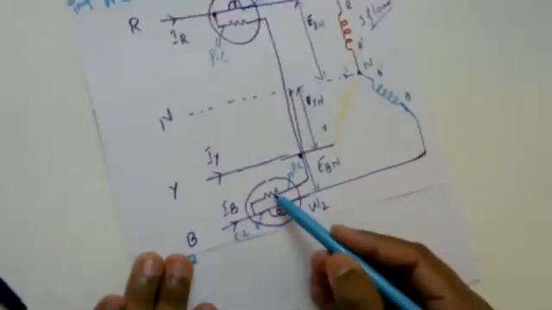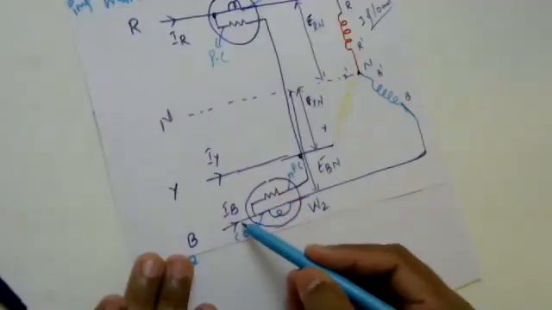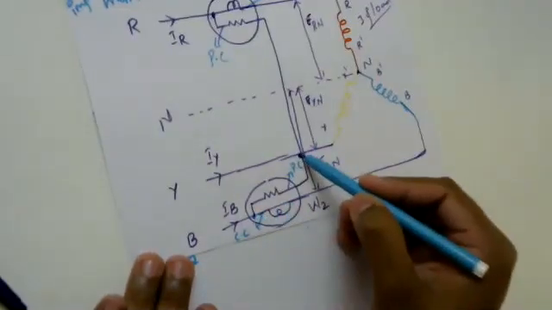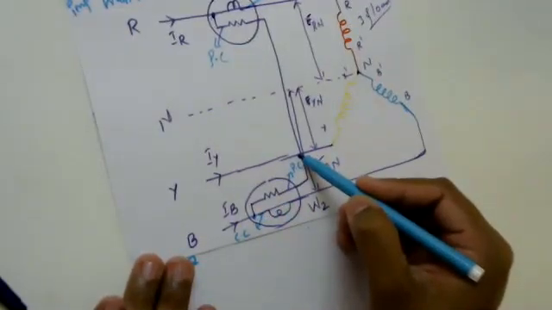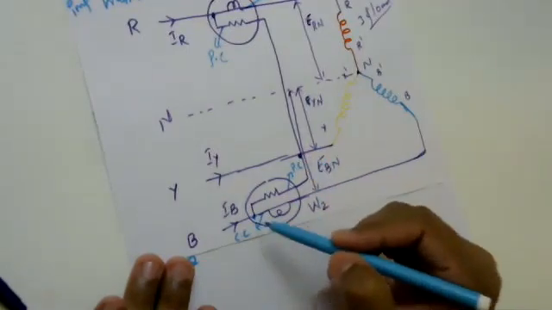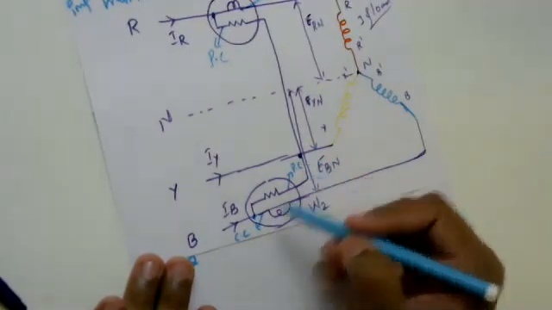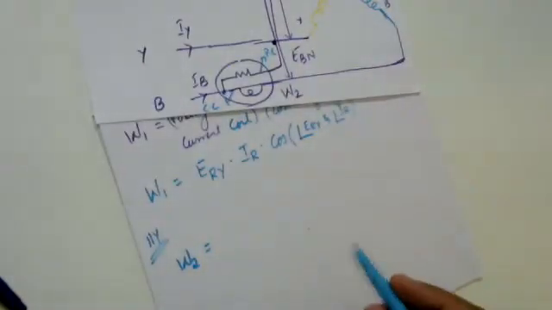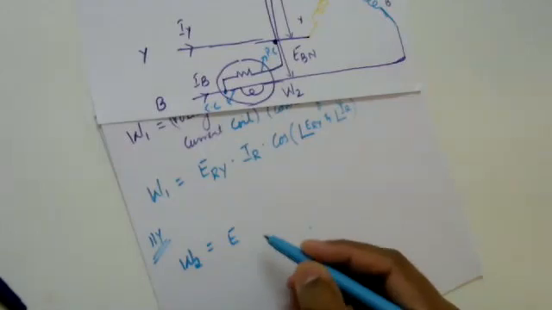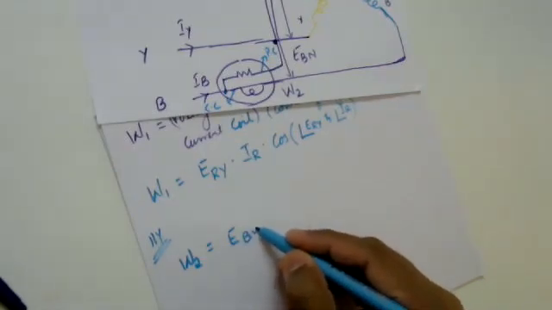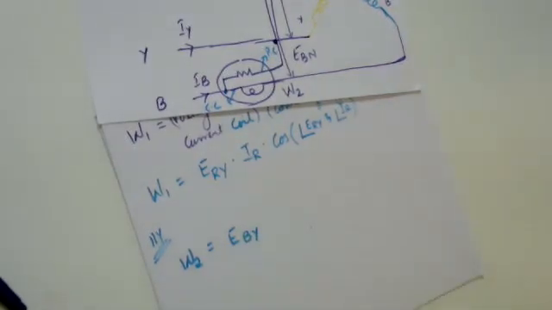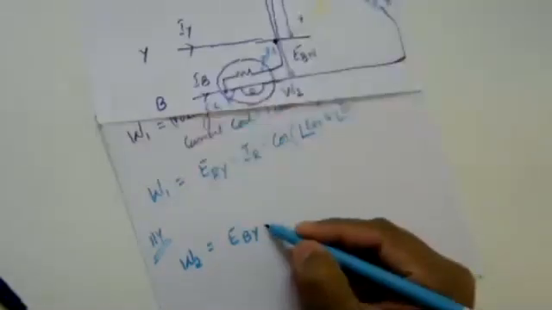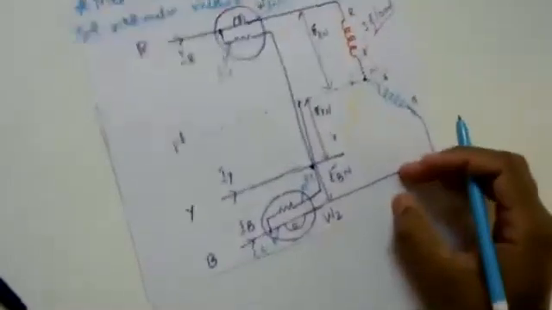The potential coil is connected across the B phase and the Y phase. So it will read the voltage between the B phase and the Y phase, into the current through its current coil.